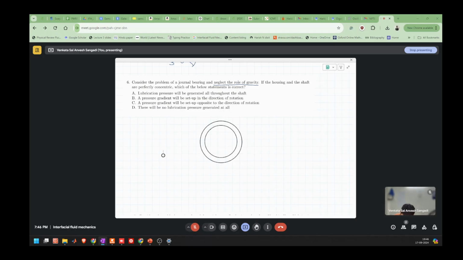If both the shafts are exactly concentric, the gap between the housing and the shaft is always equal and constant, which is equal to H naught. Then there will be generation of no lubrication pressure.